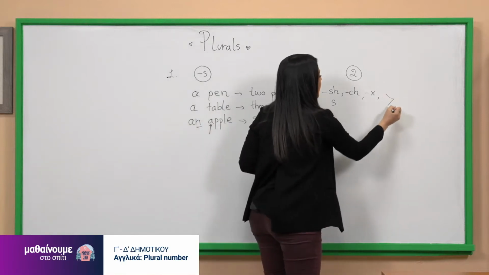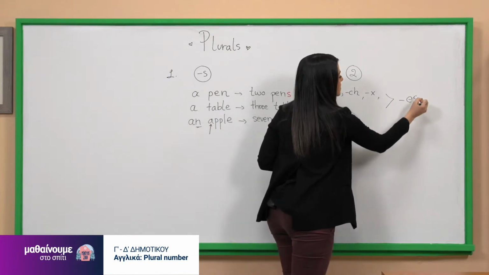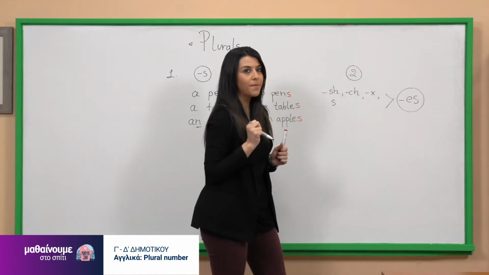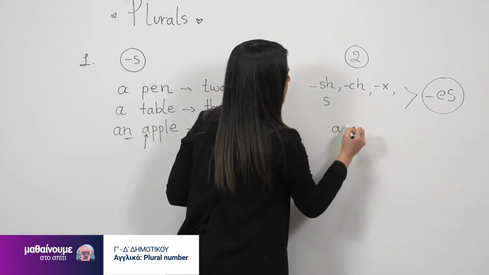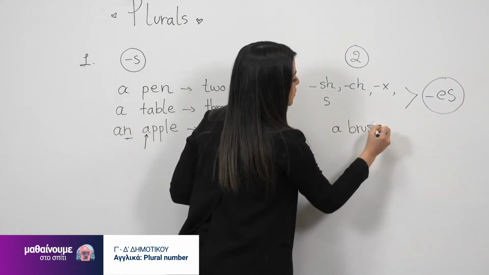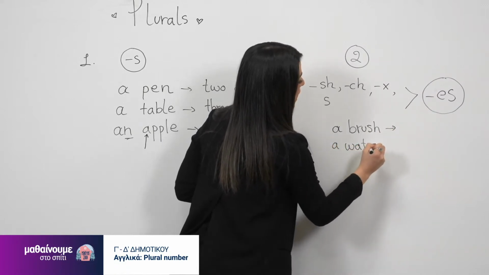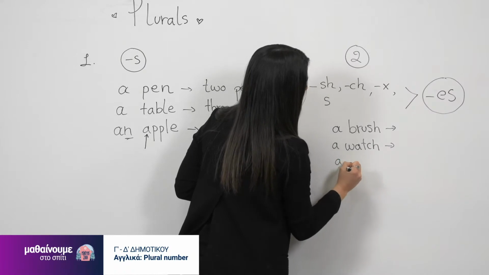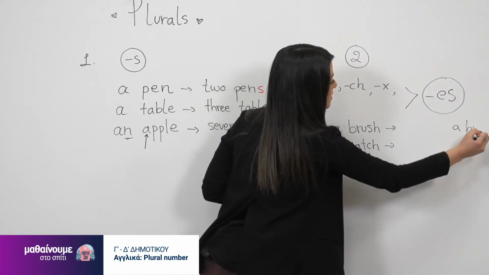We put in the end not only S, but ES. Okay? Let's see some examples. A brush, a watch, a box. And a bus.